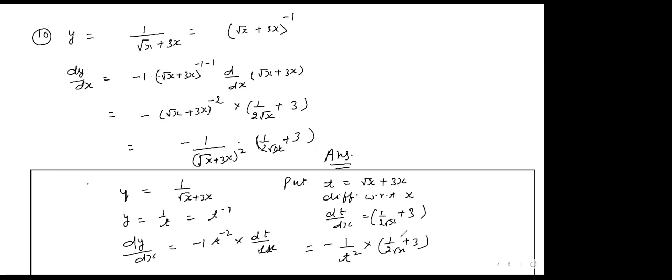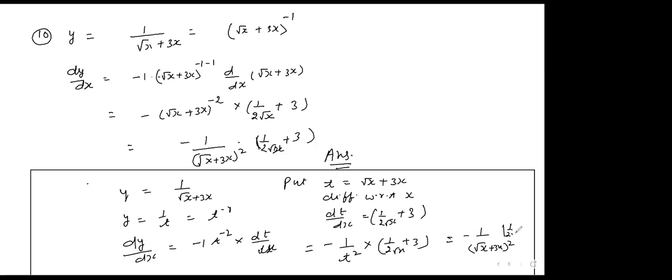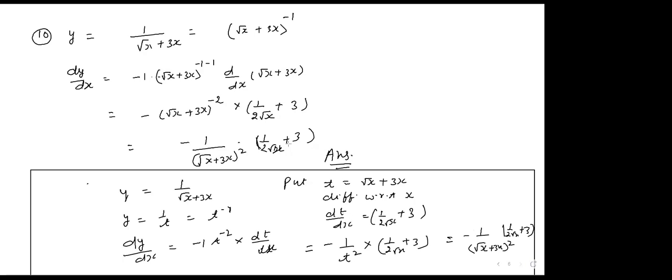That is dt over dx. Now substitute the value of t and you will get the same thing. These two things are the same.